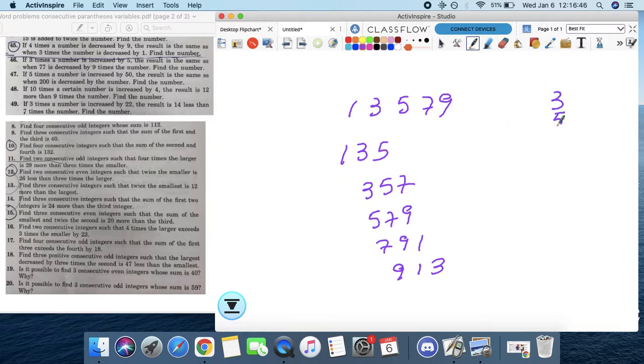So if you add 3, 5, and 7, you should get a 5, or 5, 7, and 9. Is it even possible to get a 0, whether it's 13, 15, 17, or 23, 25, 27? Can I get the ones digits to add up to a 0? Is it even possible? As you can tell, no, it's not.